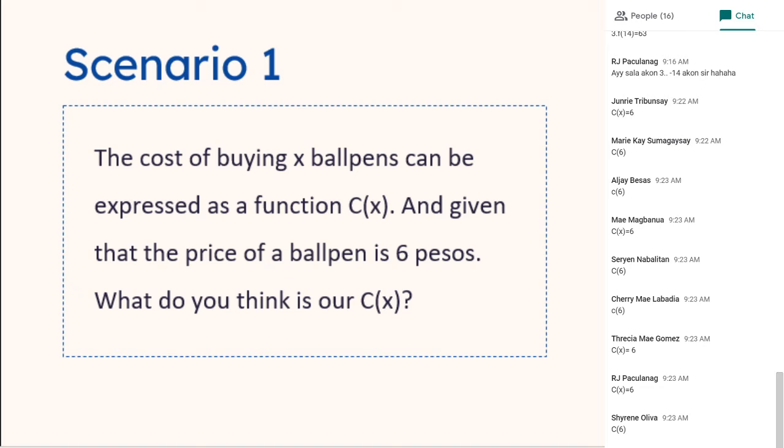So, sa scenario number 2, pangitaon ta si function f of x is equal to blank. What is our f of x? Given nga ang x is the number of kilometers or the additional kilometers. What do you think is our formula?